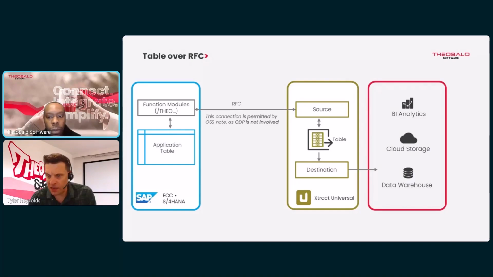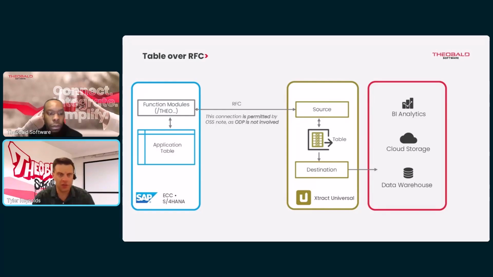I just saw another question come in about T codes. Yeah, so T codes, and Brian will show the tool here, we'll jump into the Xtract Universal tool next, actually.